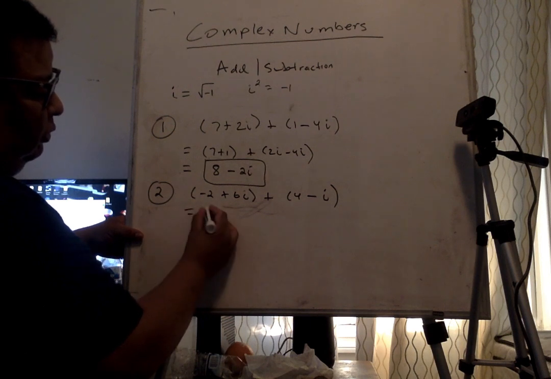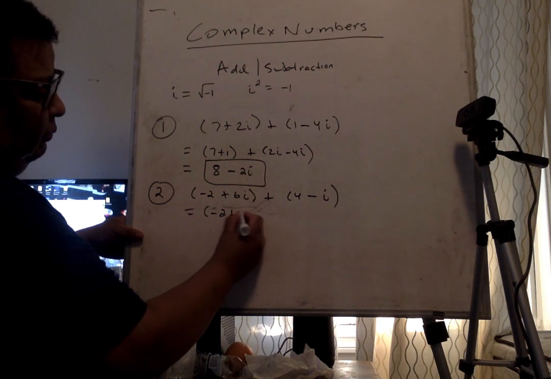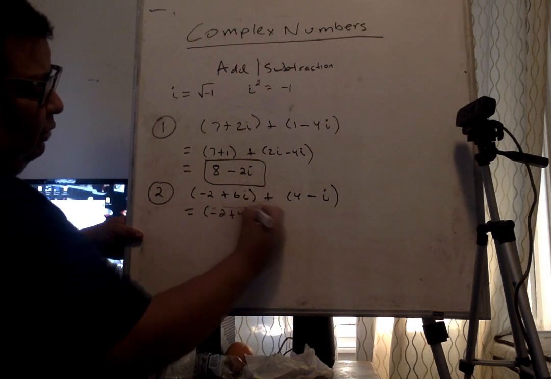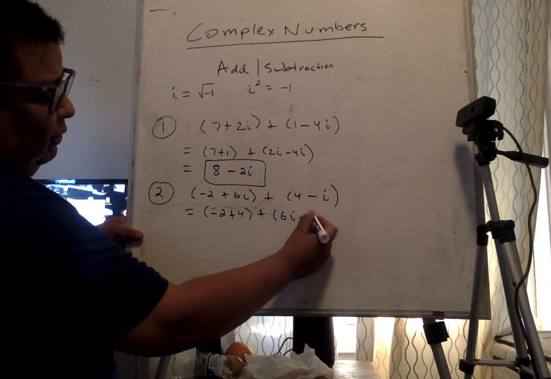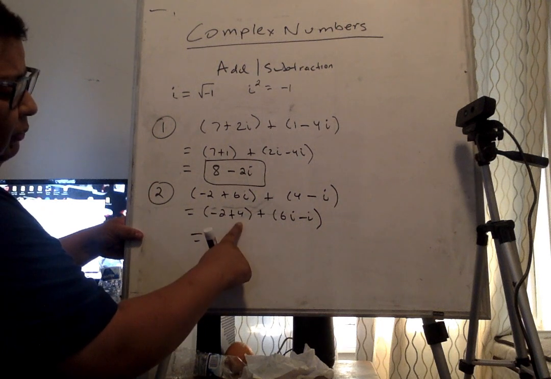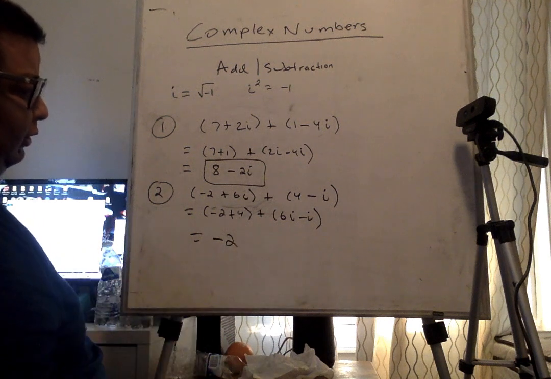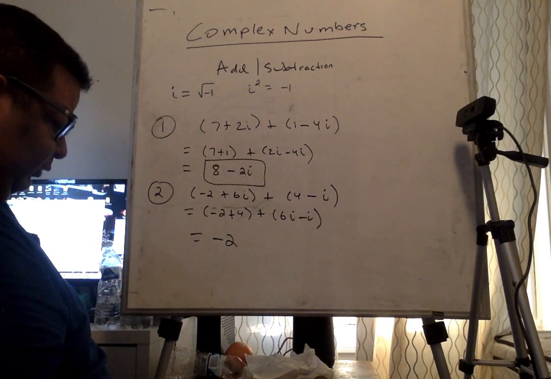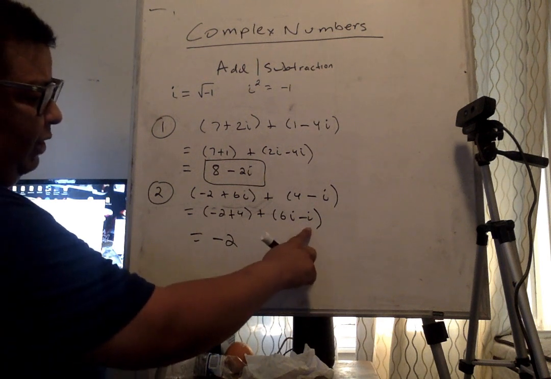So first we combine the real part, negative 2 plus 4, and then the 6i minus i.